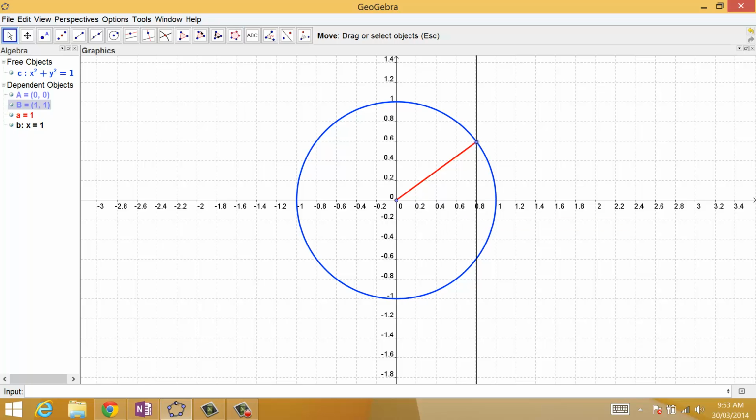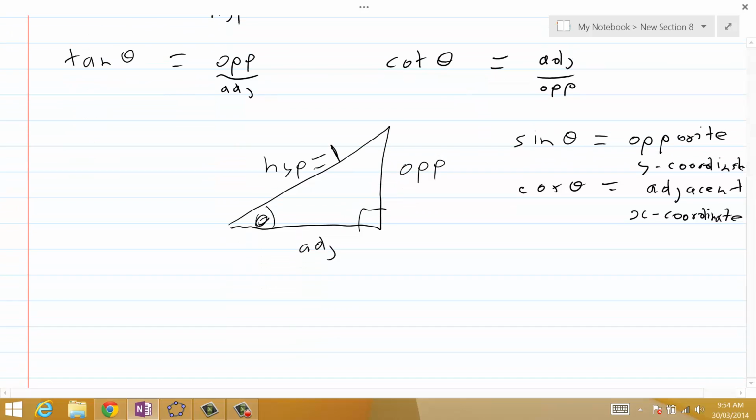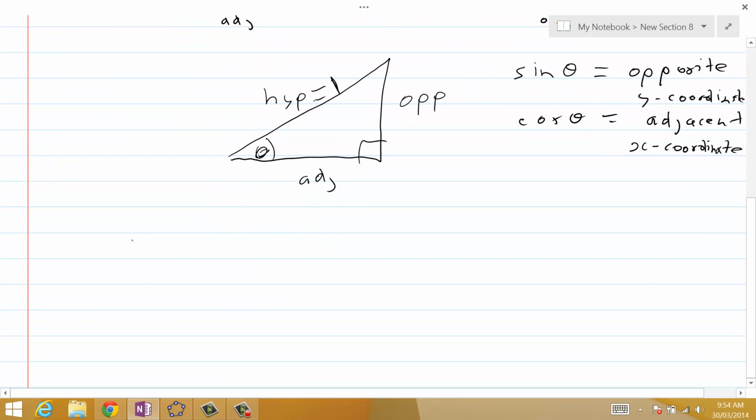So another way of thinking about it is that cos theta equals our x-coordinate and sine theta equals our y-coordinate. And these coordinates are the x and y of the point on the unit circle.